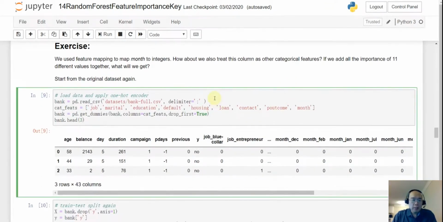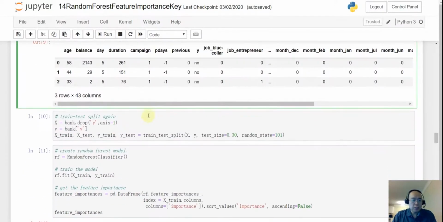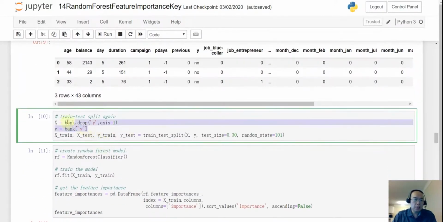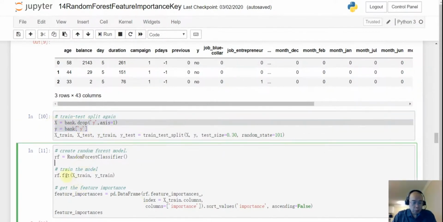I load the data again, and I just add the months to the categorical features, and then I do one hot encoder with all those categorical features. After that, I do the train test split again, build the random forest, and train it.